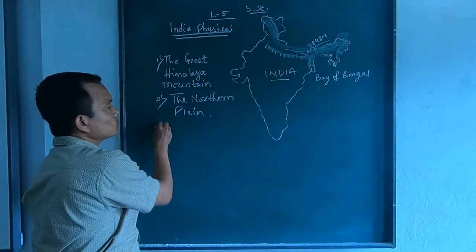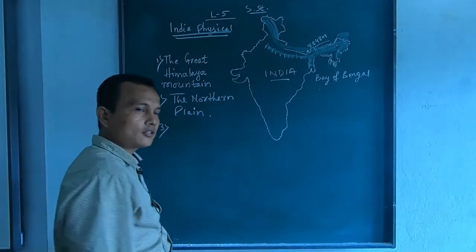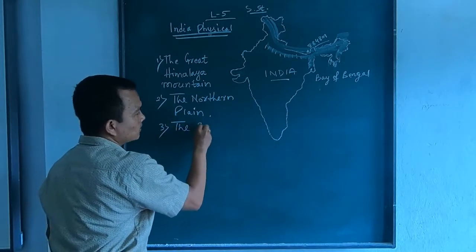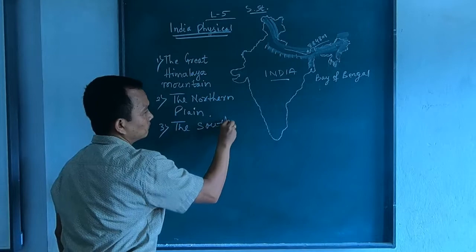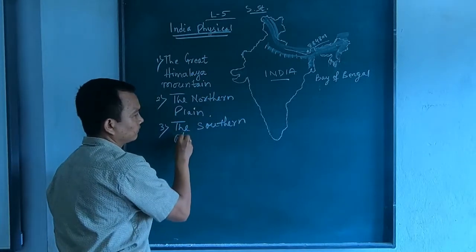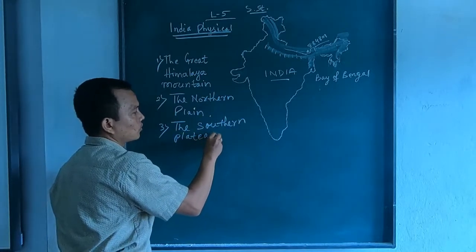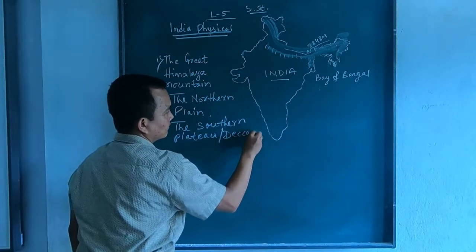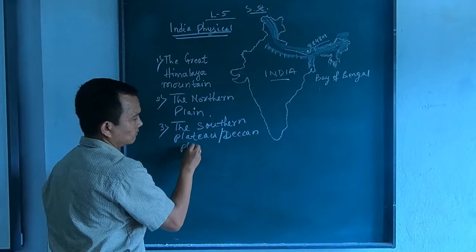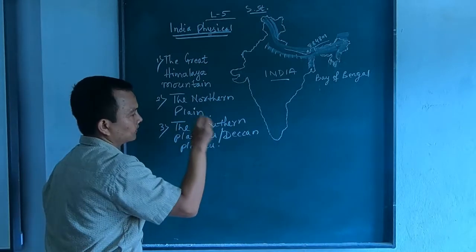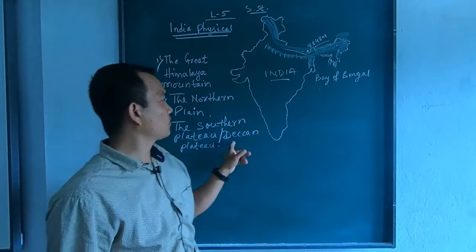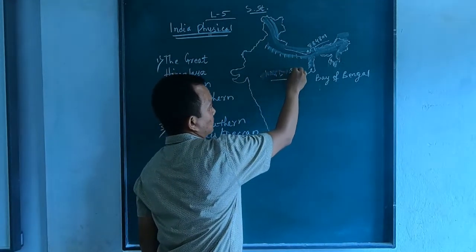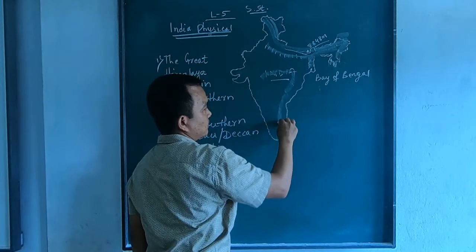All right, let us come to the third point, that is the Southern Plateau or Deccan Plateau. The Southern Plateau or Deccan Plateau covers almost 1/3 of the country's area.